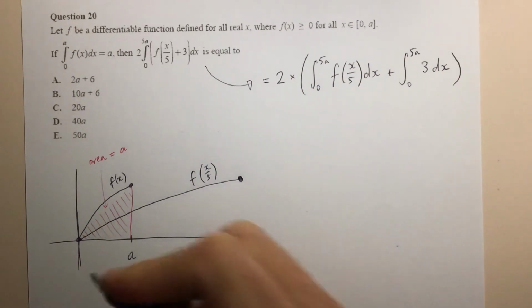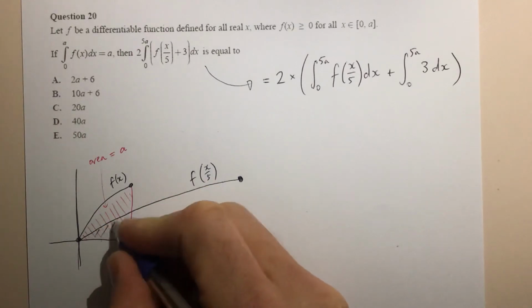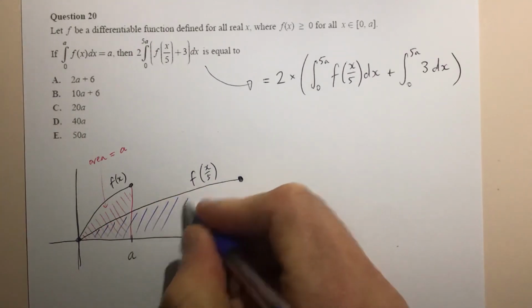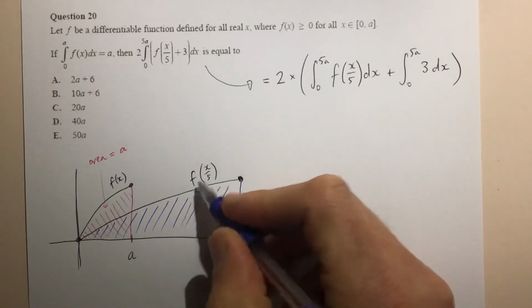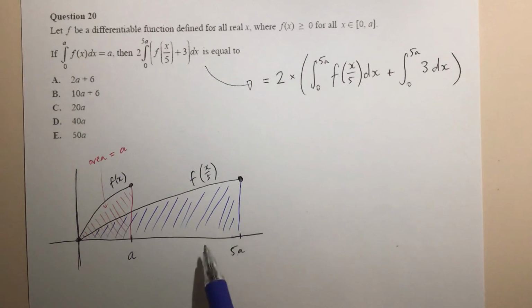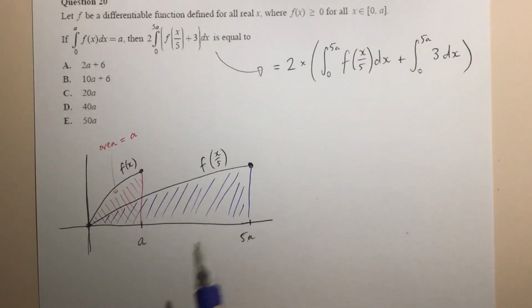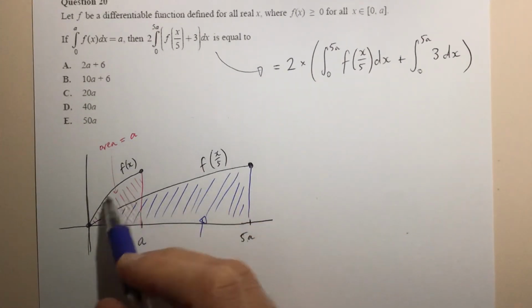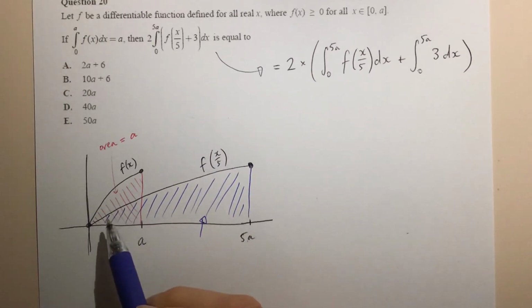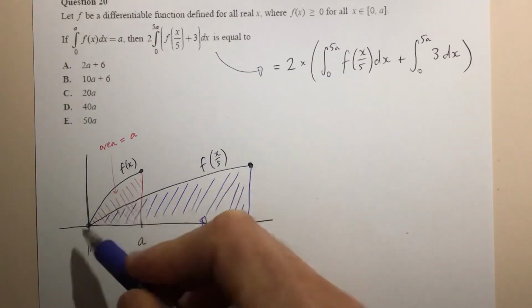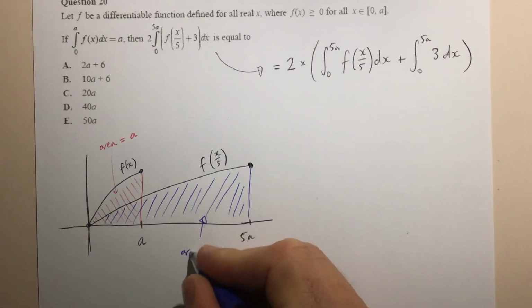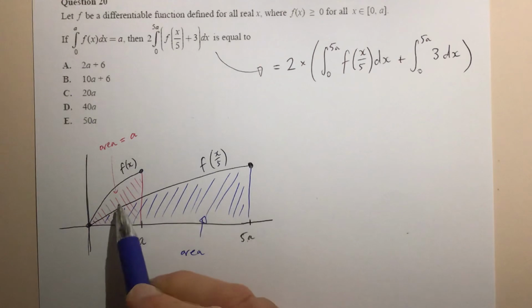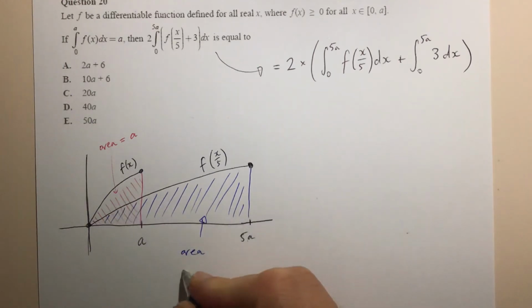If we shade in this part, the area under the function f of x on 5 from 0 to 5a, then we've taken this red area and made it 5 times longer. It's got the same height, but it's now 5 times longer, so that's going to increase the area by a factor of 5. In other words, blue area is 5 times bigger than red area, which means blue area equals 5a.